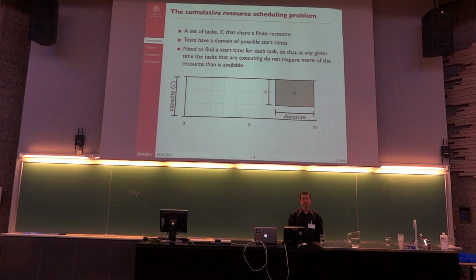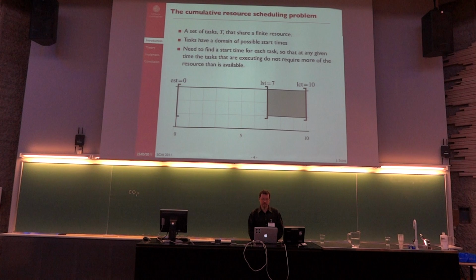So, the cumulative resource scheduling problem. We have a set of tasks which share a finite resource which has a constant capacity. So here we have a resource of capacity 3. At each interval of time, we can schedule tasks that will use a total of 3 units of the resource. Each of the tasks is defined by the amount of resource that it requires, which is labeled as C here, which we'll consider to be constant throughout the duration of the task, and also a fixed duration, so the task always lasts for the same amount of time.